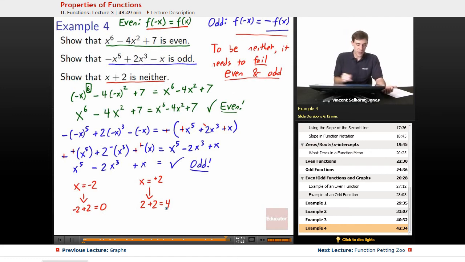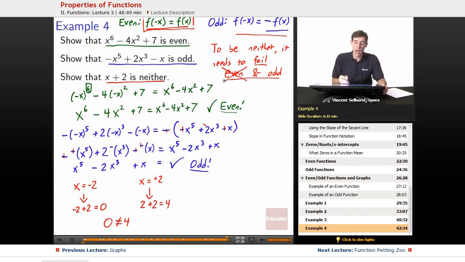Now notice, 0 is not equal to 4. We just failed being even, because the negative number and the positive version of that number don't produce the same output. Plug in negative 2, you get 0. Plug in positive 2, you get 4. Totally different things. So we just failed to be even. Great.